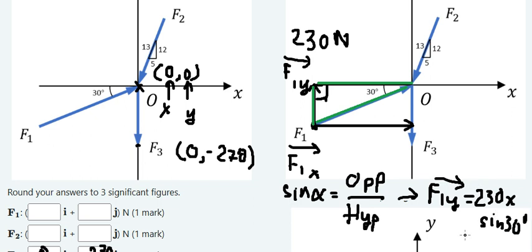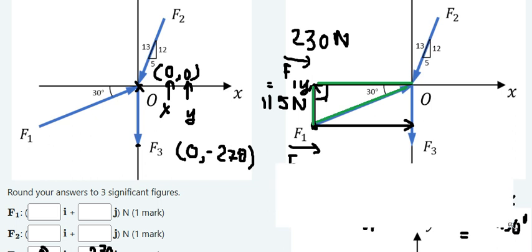So this one we calculate, and we have 115. Now let's go to F1x, that is about this one. So this is similar for this one in here. Now about this one, we use cosine, that is adjacent divided by hypotenuse.